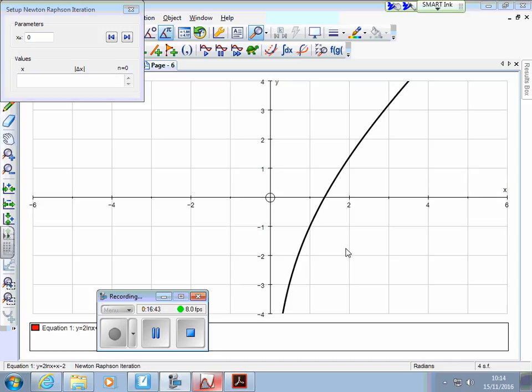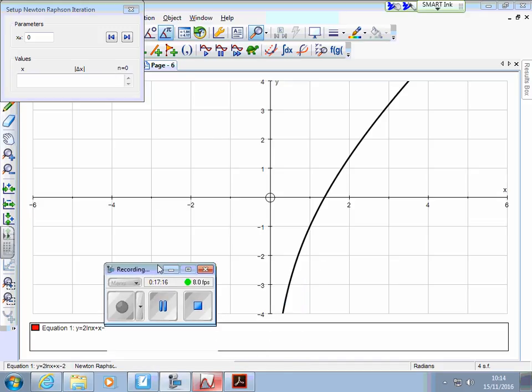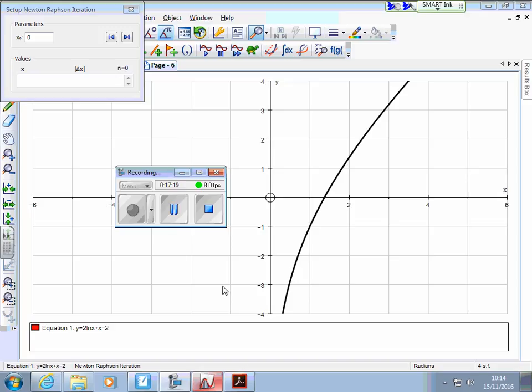Anything negative, in fact anything 0 or less. Because if you try to evaluate this function with x equal to 0, try it on your calculator. It doesn't like it.